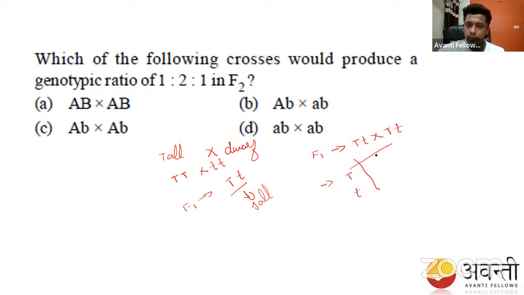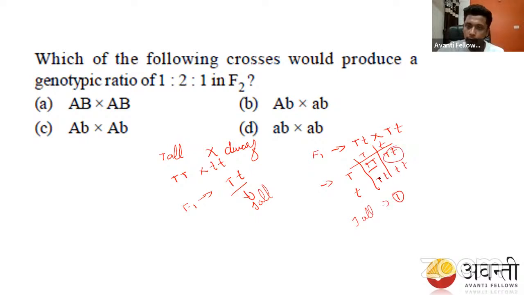Crossing capital T, small t with capital T, small t, we get capital T capital T, capital T small t, capital T small t, and small t small t. If we observe this cross, we have capital T capital T, that is homozygous tall, which we can call 1.